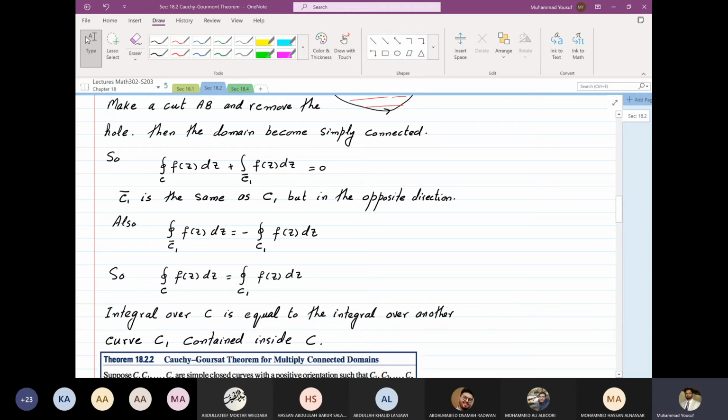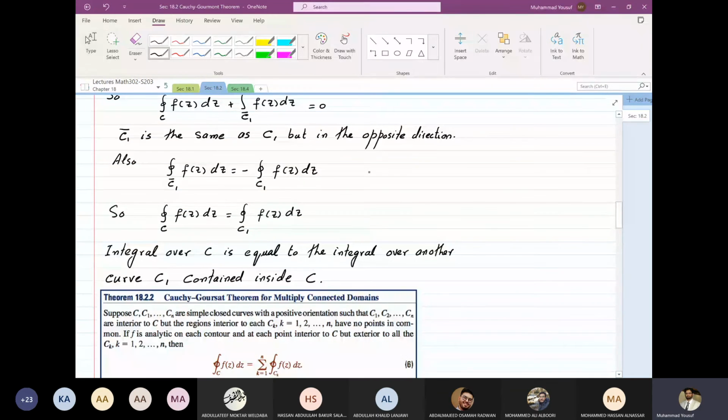Now from here, we take C1 bar to the other side. The integral over C1 bar is equal to the negative of the integral over C1. This is also not the same integral. Why? Even in the case of real integrals, the integral from a to b of f of x dx is the negative of the integral from b to a of f of x dx.